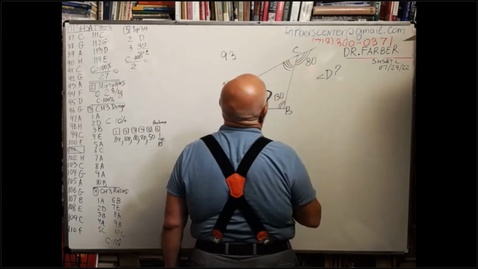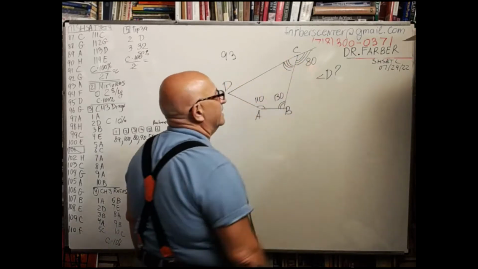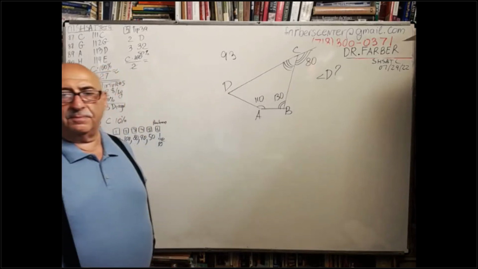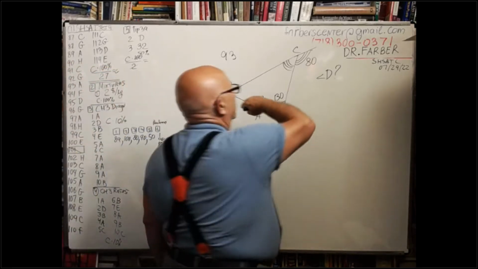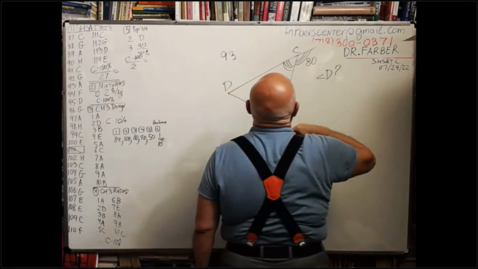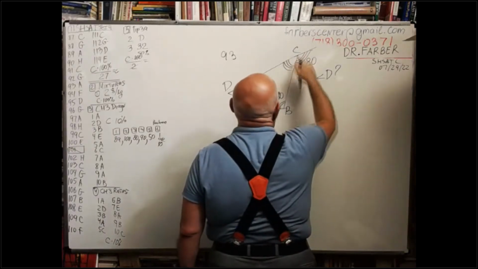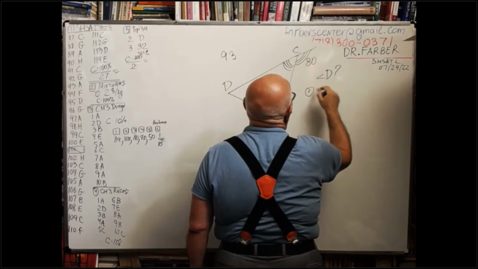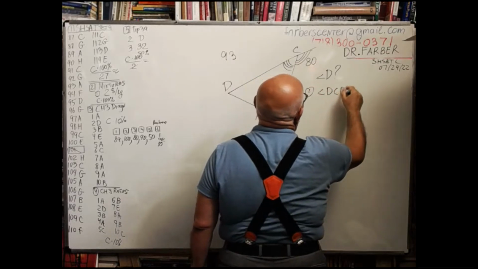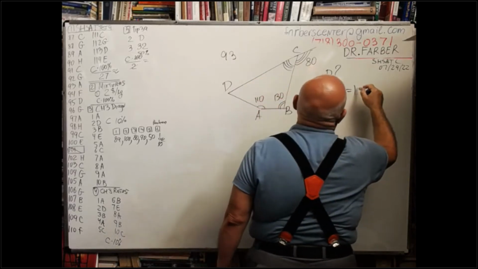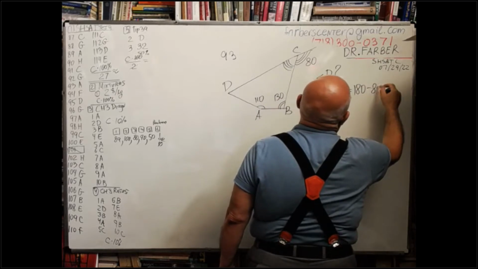These two angles are supplementary, since this is a straight angle. So this angle C, I would name it DCB. Angle DCB equals 180 minus 80, which is 100 degrees.